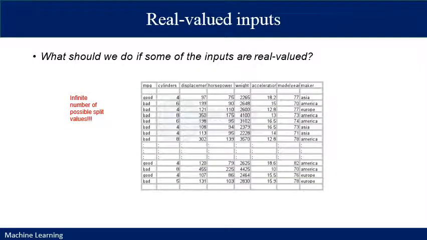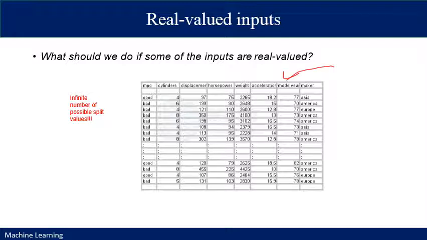Decision trees suffer mostly from real valued input, because real valued inputs have a small portion of change with each value. So what should you do if you encounter real valued input? In this case, for example, we take a real value.